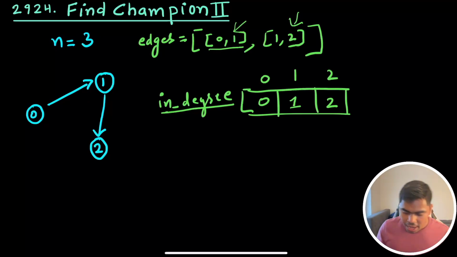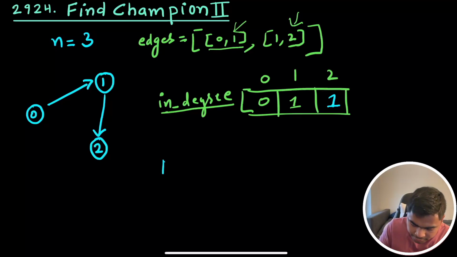That's it. We are back to our original example, which has 3 nodes. All right, how about this one? Now again, 2 has one incoming edge, 1 has one incoming edge, 0 has no incoming edge.